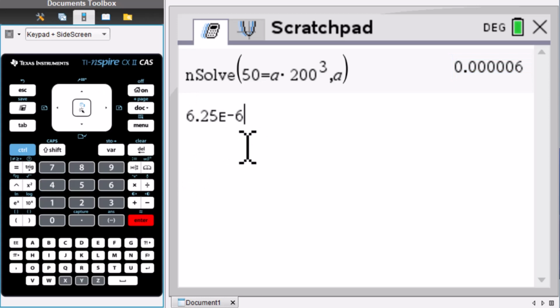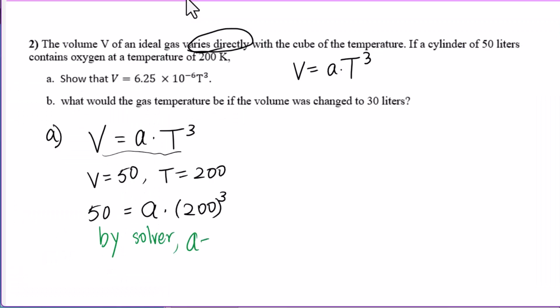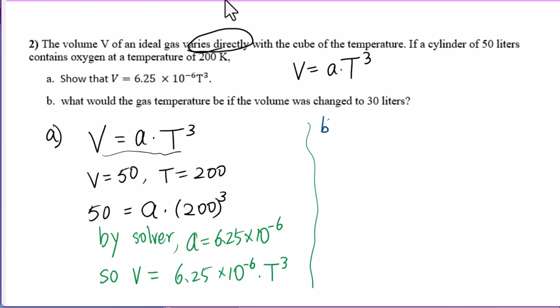This is the accurate answer. 6.25 times 10 to the negative 6 power. A equals 6.25 times 10 to the negative 6 power. So V equals 6.25 times 10 to the negative 6 power times t to the third power. Let's go to B.